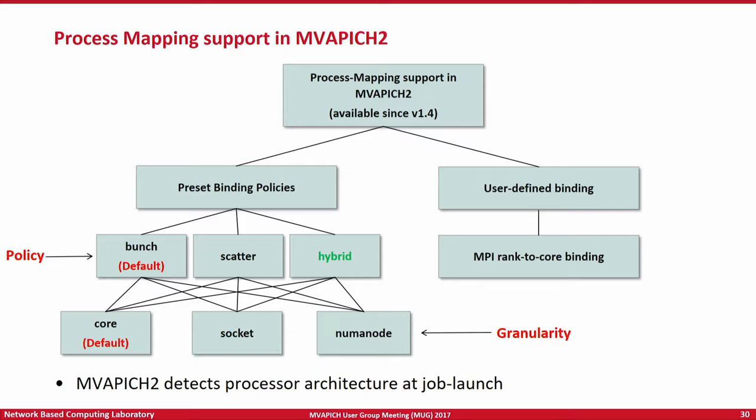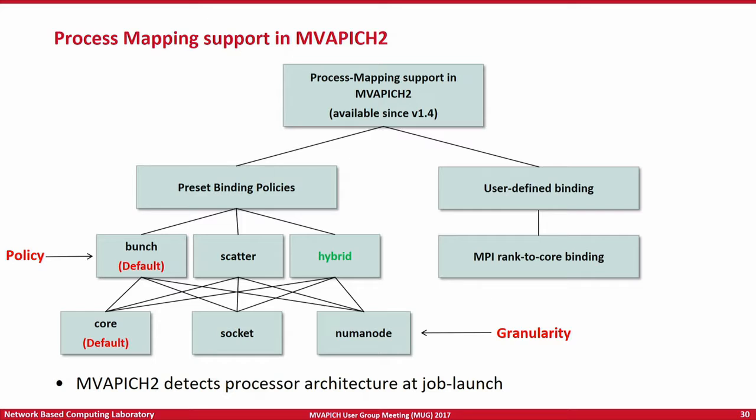And MVAPICH2 has different kinds of binding policies. We have certain preset binding policies, and we also have user-defined binding policies. Just like we have the environment variable process-to-rail mapping, which can say make process 1 use HCA1 or process 2 use HCA2, and so on, we have binding policies to say that process 1 should get bound onto core 1, process 2 should get bound onto core 10, and so on.